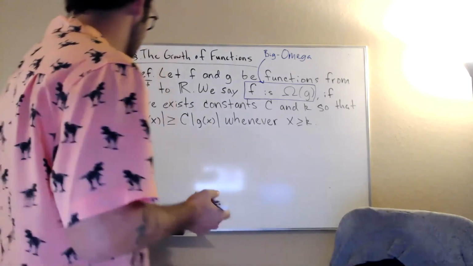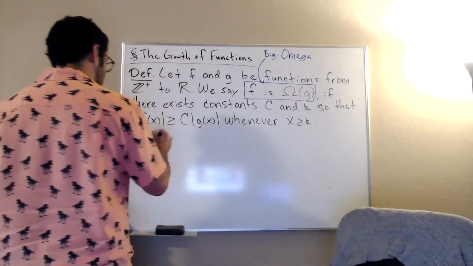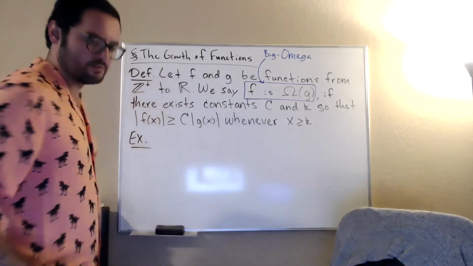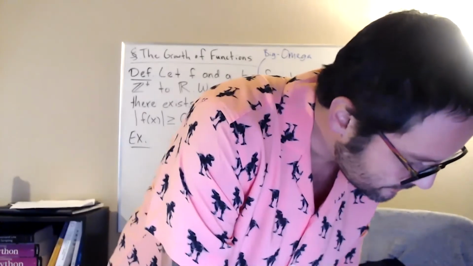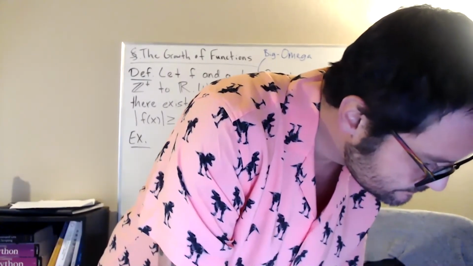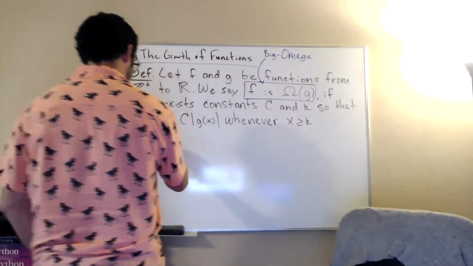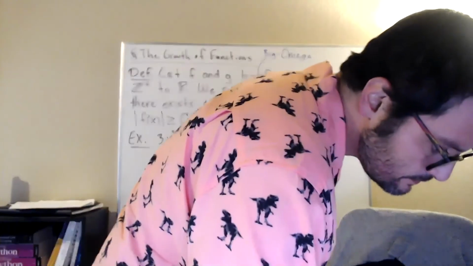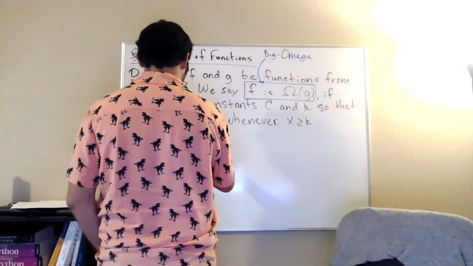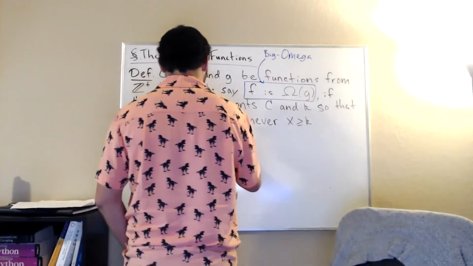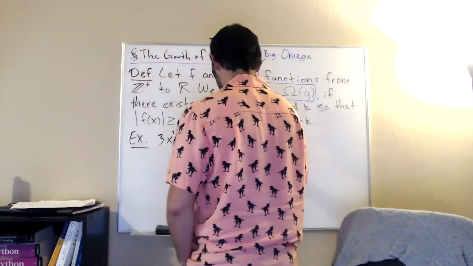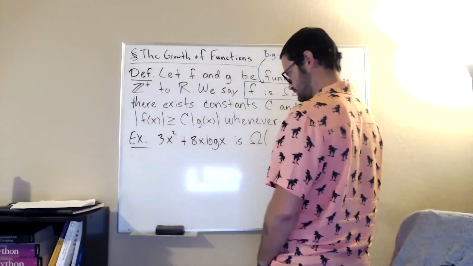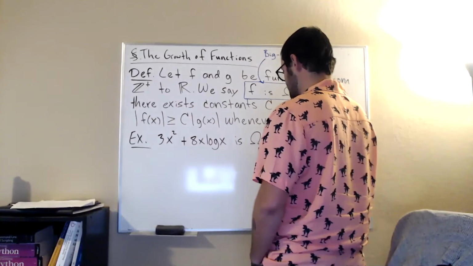Okay. So let's look at an example. Just pick some random example from the textbook. So 3x squared plus 8x log of x is big omega of x squared.